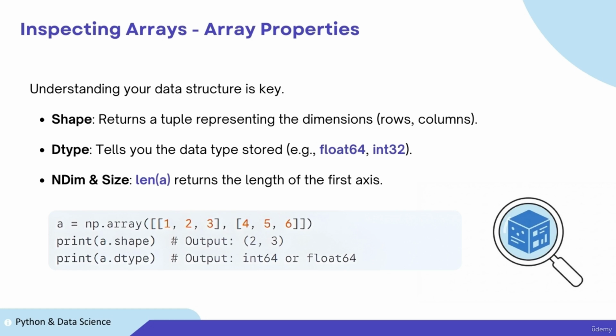Second, .dtype. This tells you the data type stored in memory, for example, int64 or float32. Third, .ndim. This tells you the number of axes. 1 means a vector, 2 means a matrix, and 3 or more is a tensor.